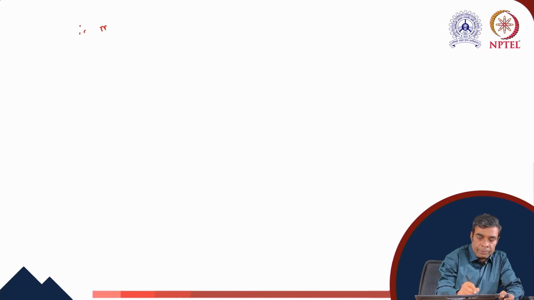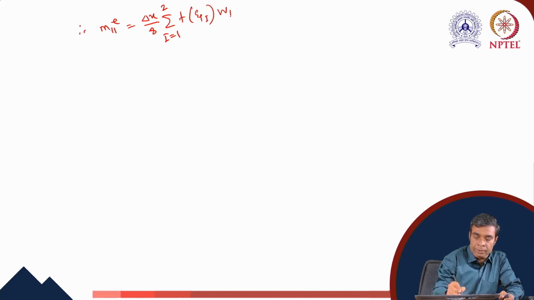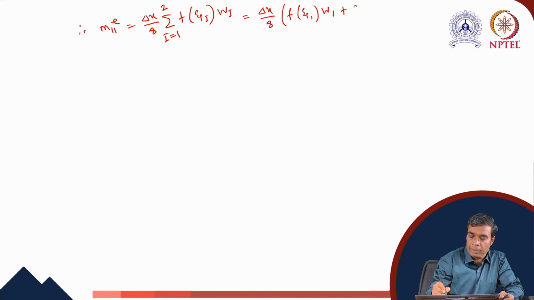Therefore, M11^e equals delta x by 8 summation i equals 1 to ngp, ngp is 2, f(xi_i) w_i equals delta x by 8 into f(xi 1) w1 plus f(xi 2) w2.